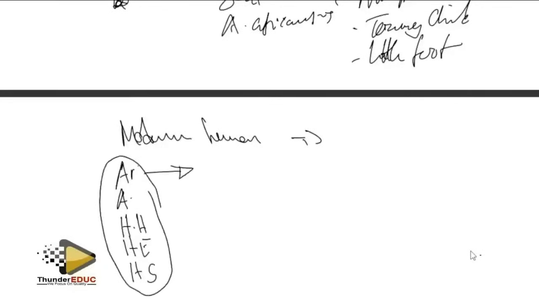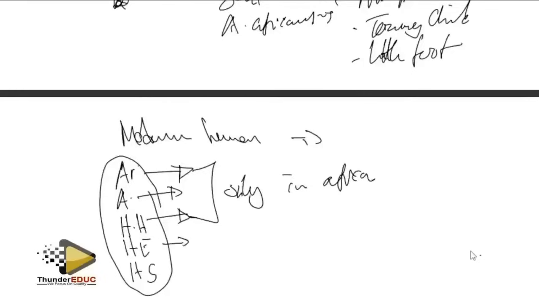Tell us that Ardipithecus, Australopithecus, and Homo habilis were found only in Africa. Then when you reach Homo erectus and Homo sapiens, you say the oldest fossils were found or discovered in Africa.